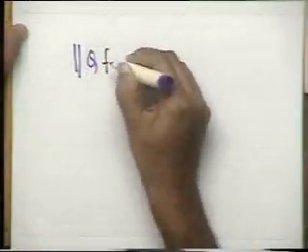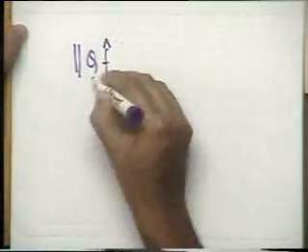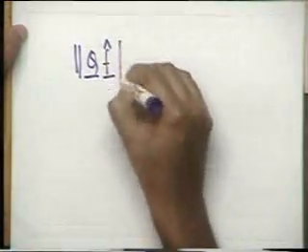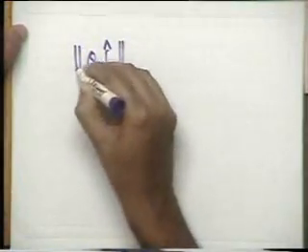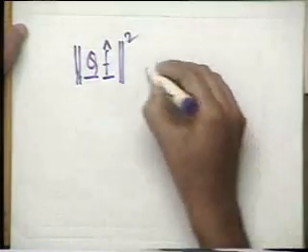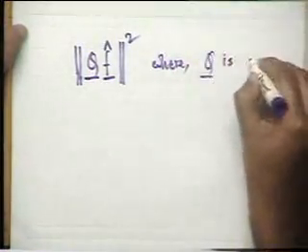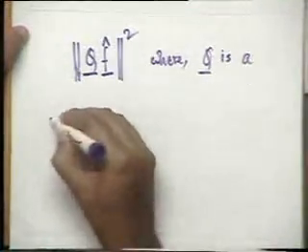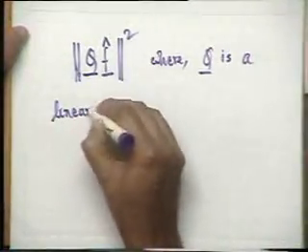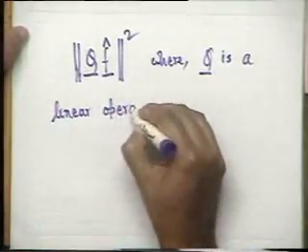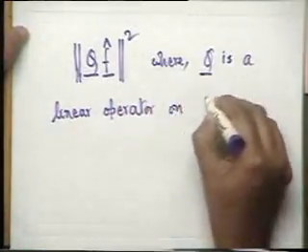In the case of constraint restoration, we are considering the minimization of the form norm of Q f hat squared, where Q is a linear operator on f.